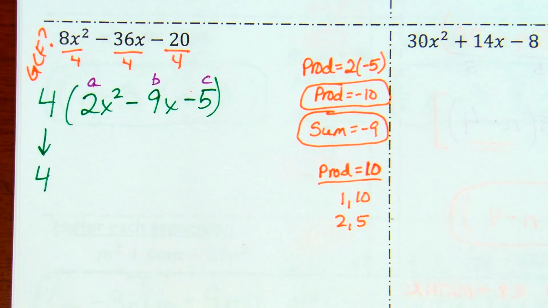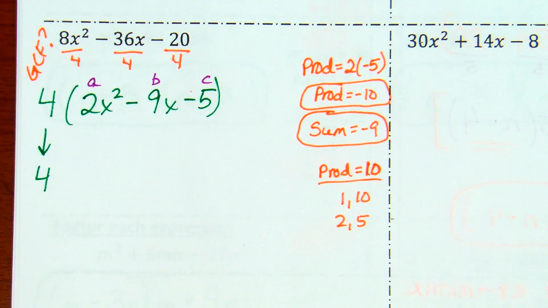One of these has to be negative because they multiply. Oh wait, I guess we didn't pick our pair of numbers yet, did we? 1 and 10 or 2 and 5?